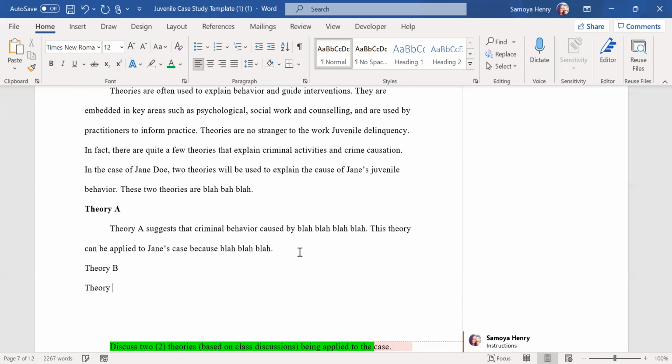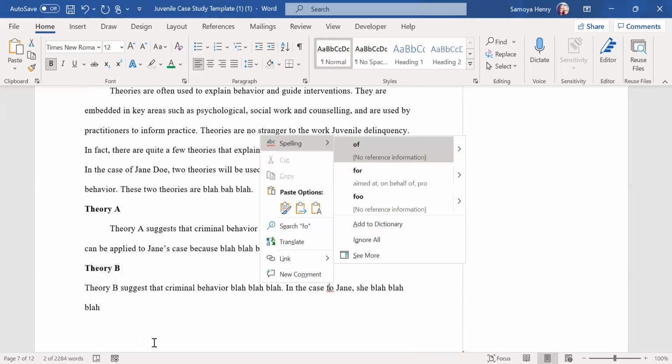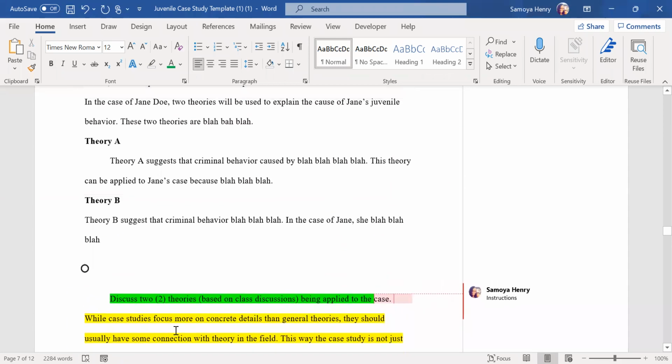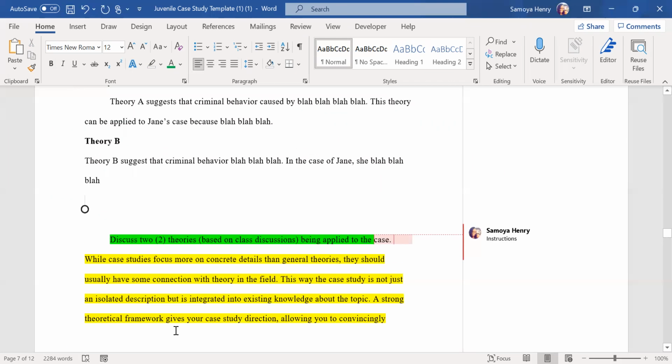You're going to define theory B, suggest that criminal behavior, blah, blah, blah. In the case of Jane, she, blah, blah. I need you to just explain how it is applied. And next paragraph, that's it. That doesn't even take up a whole page depending, but let's just say it takes up a page. So now we're only at 4 pages, right?